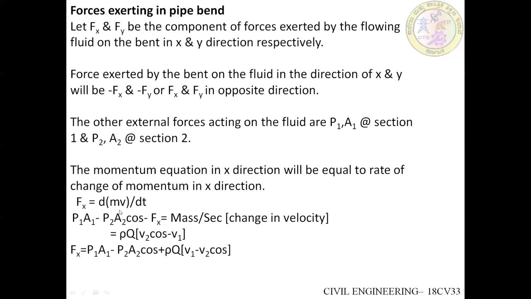Here, dm by dt is taken as mass per second, and dV is nothing but change in velocity. Again, this mass per second we can replace with rho into Q because both have the same unit, kg per second, into the change in velocity, V2 cos theta minus V1. So you'll get the value of Fx.